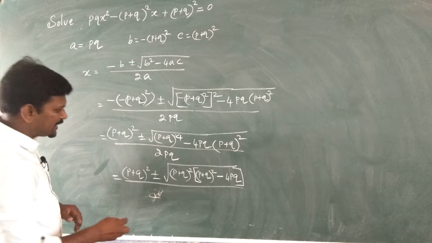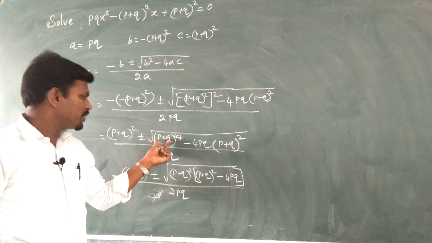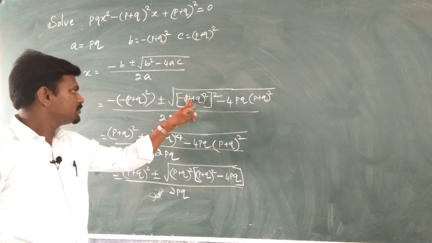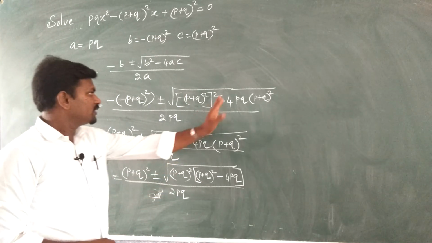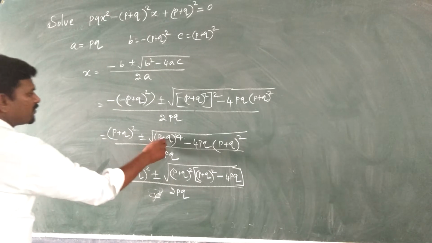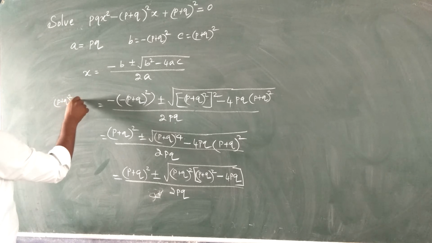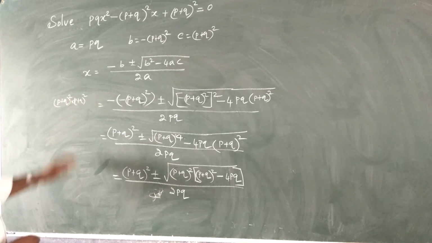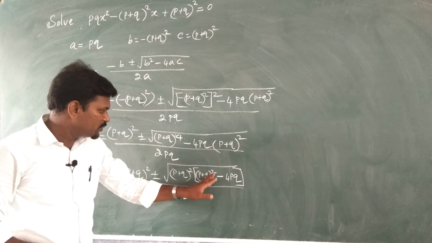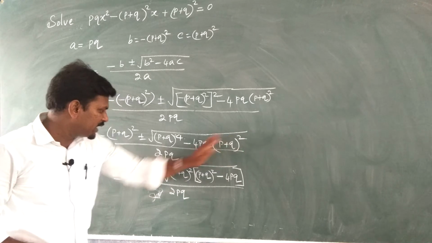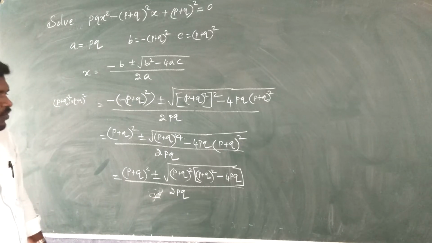You have to be very clear about these steps. (p plus q) whole power 4 means (p plus q) whole square into (p plus q) whole square. One whole square we have taken as common factor, the remaining one (p plus q) whole square minus 4pq.